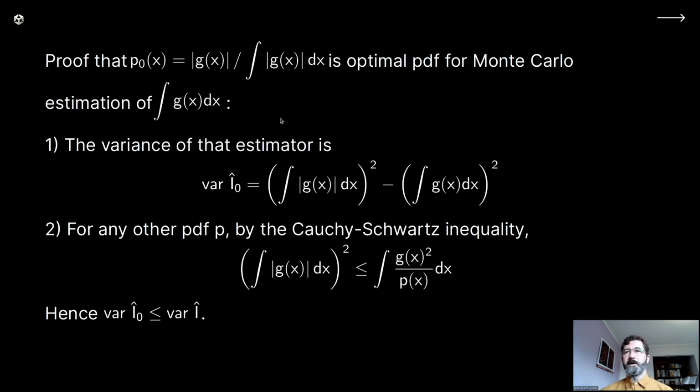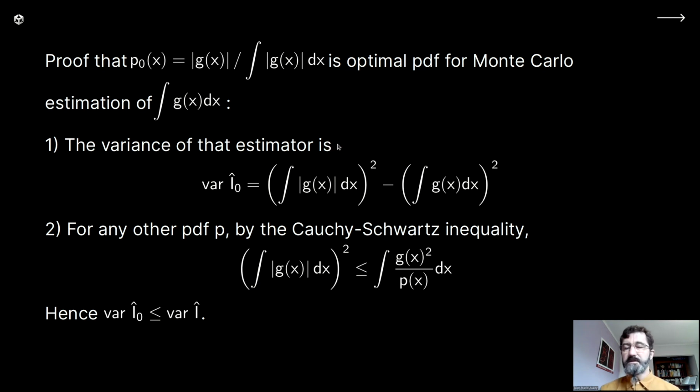And this is where I managed to sneak in a little bit of mathematics. The proof that taking the absolute values and normalizing gives you the optimal PDF for the Monte Carlo estimation of the integral of a function G, say, is quite simple and instructive.